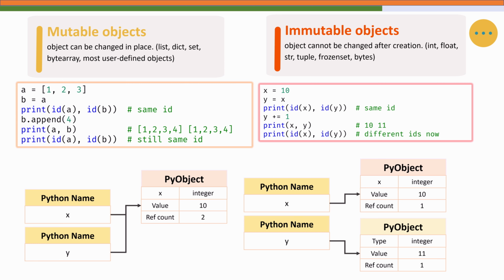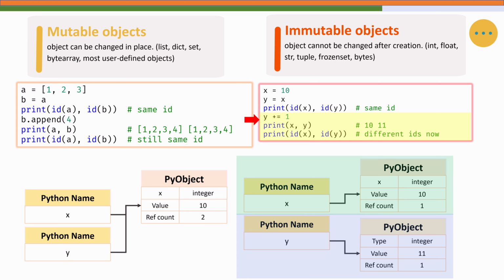Notice that y still references the original integer with value 10. For immutable integers, when you do x equals 10, y equals x, both names reference the same integer object. But if you do y plus equals 1, Python creates a new integer and rebinds y to it. x still points to 10.